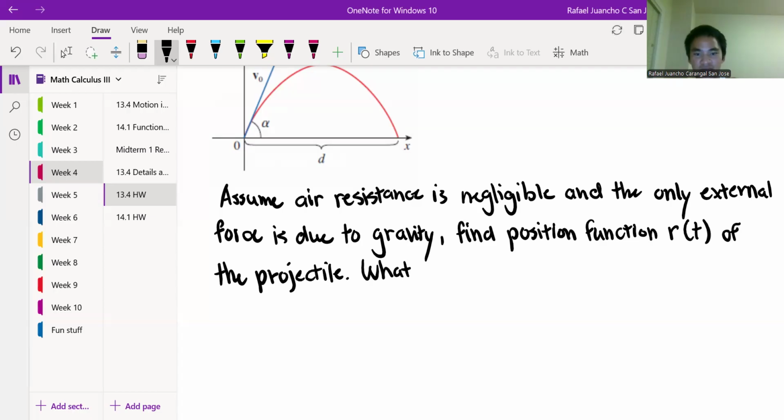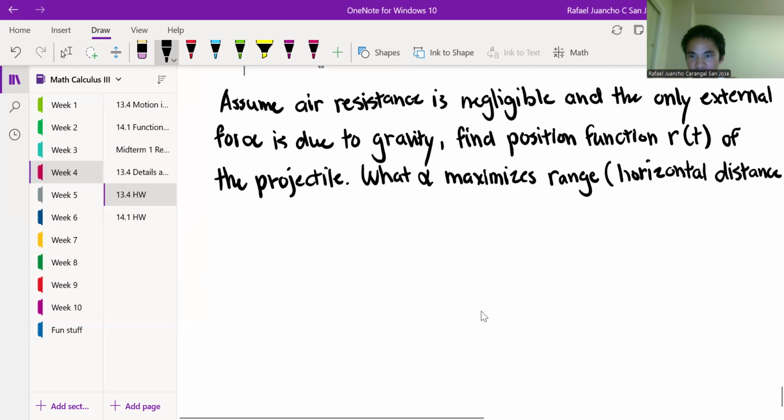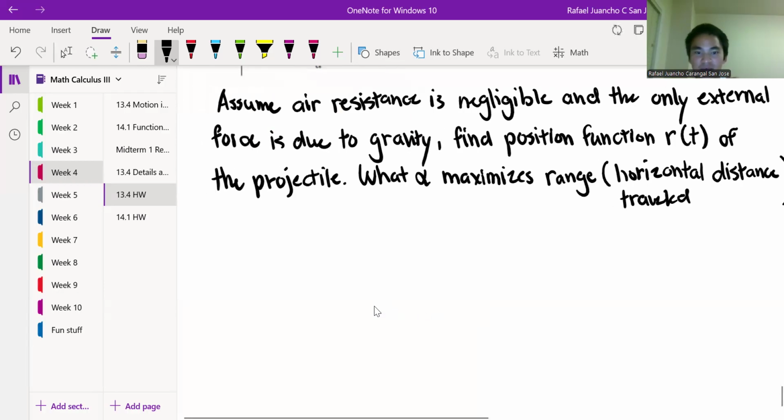So what alpha maximizes range? And when we talk about range, in this case, we talk about the horizontal distance. So that's confusing in math terms, right? Because we're used to seeing horizontal distance as domain, right? And vertical as range. But here in this case, it's reversed. So horizontal distance traveled.